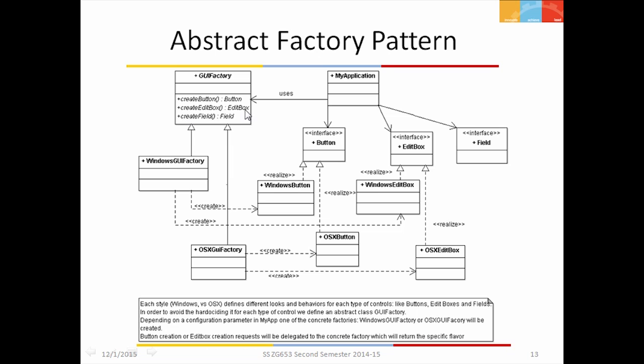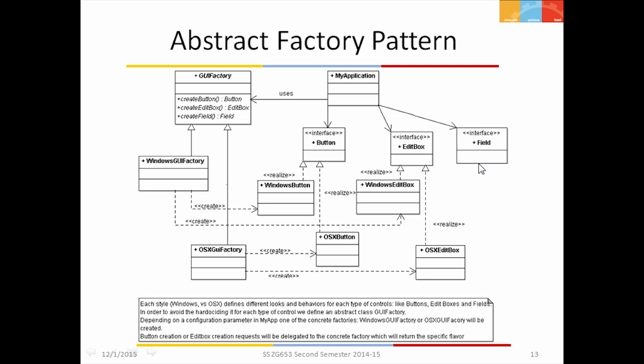So it returns a button, edit box, or a field. And now there is a Windows GUI factory. This is a family. So this Windows GUI factory can create a Windows button, or it can create a Windows edit box, or it can create a Windows field.